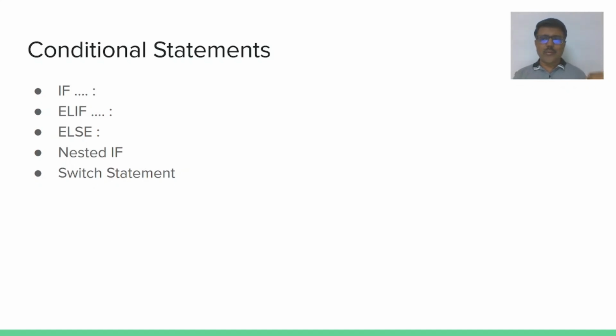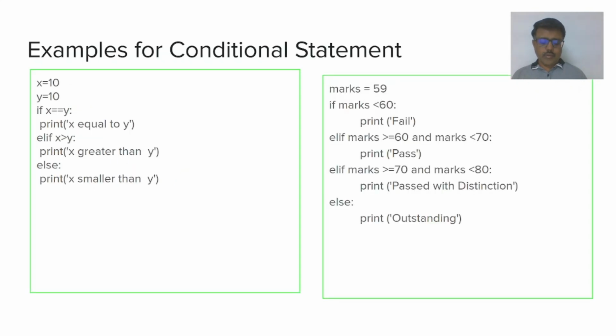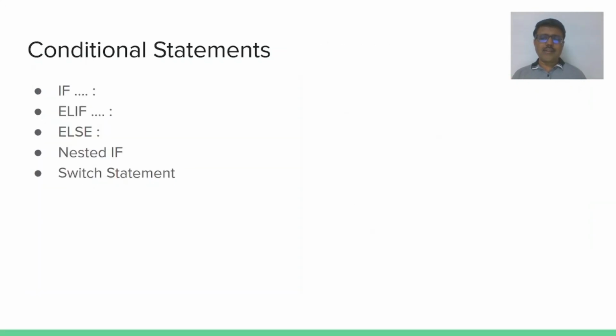Else is nothing but once everything is completed, when you come out of the loop, you can also print some statement, whatever you want to have. Or you can have multiple statements to be executed as well. And similarly for loop also we have seen how to go through the loop, and after you come out of the loop, how to print it, right? Okay. So now the conditional statements, we have already seen the example, right?